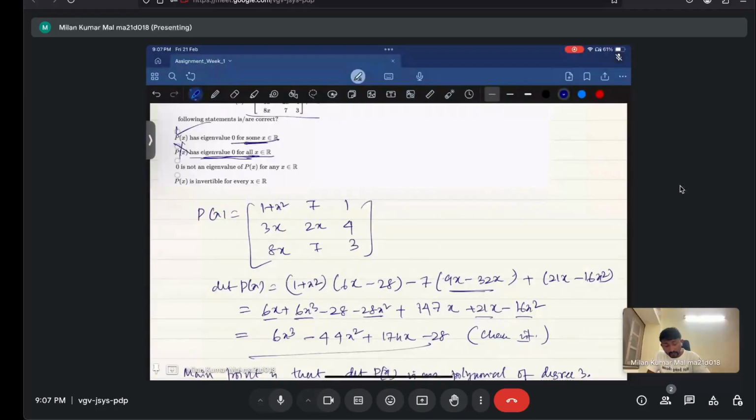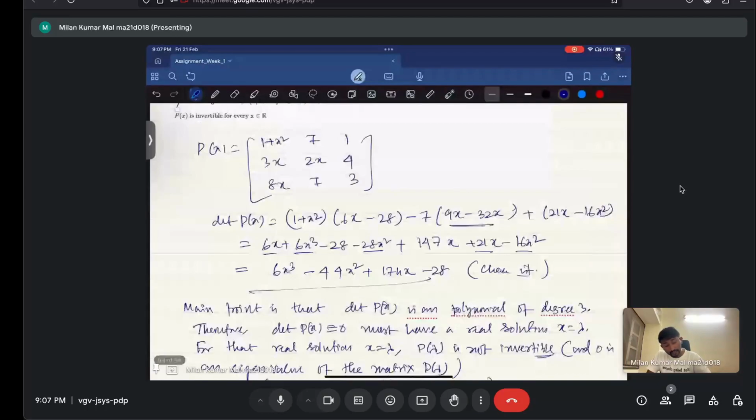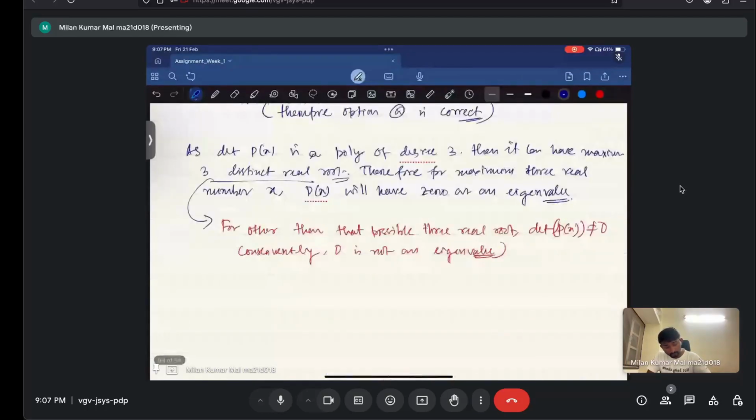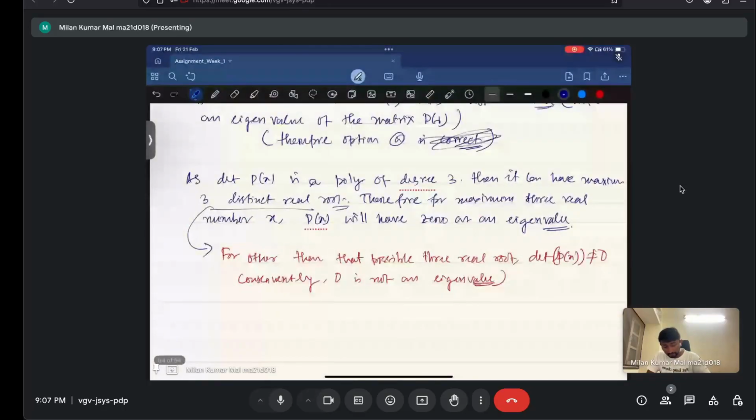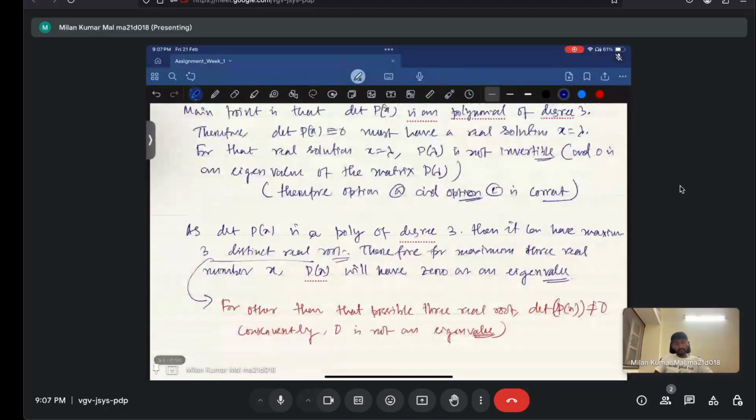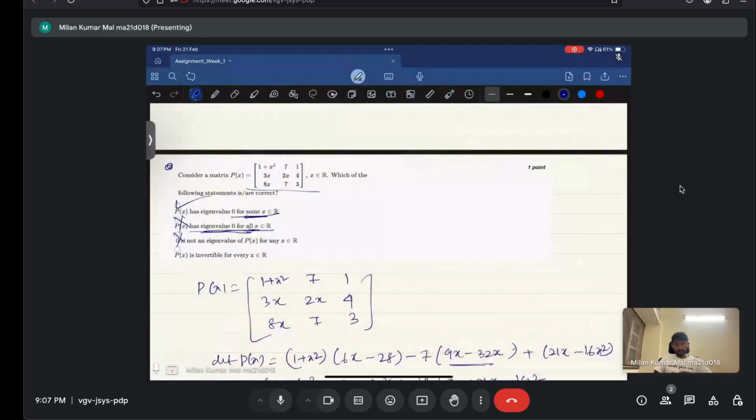Next, 0 is not an eigenvalue for px for any x, that is also false, because option A and option C is correct. Why is this correct? Because px is a 3-degree polynomial, so it must have a real solution.